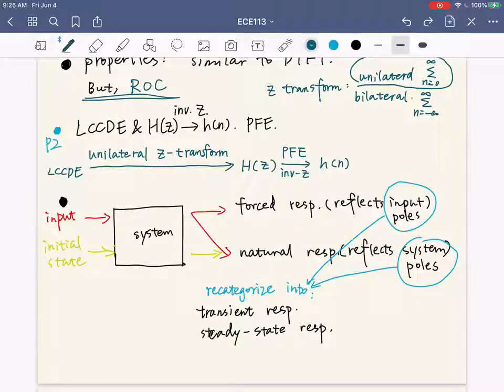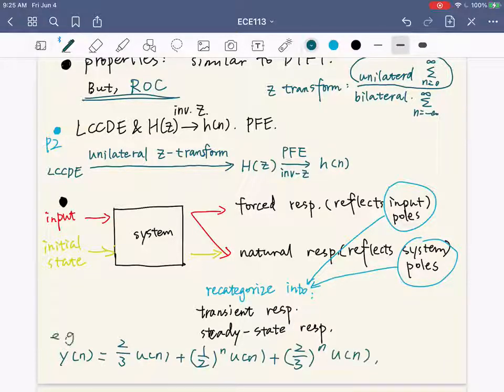And we also have another way to categorize it, which is transient and steady state. So as you know, the output is basically an expression of n, right? It may have several parts like this, and then for example, something like this, right? This is just an example.